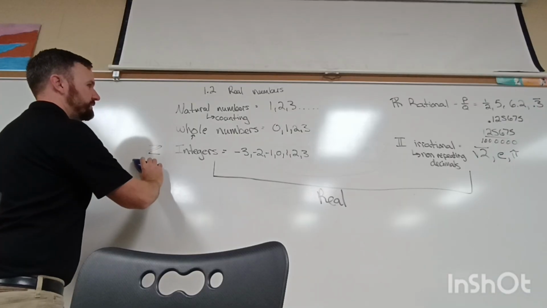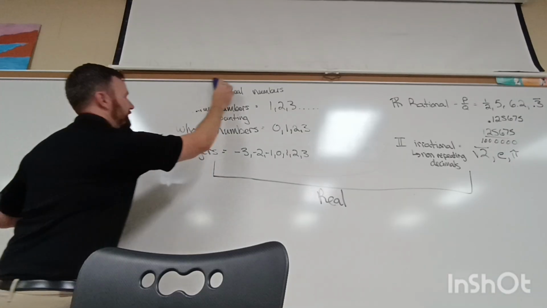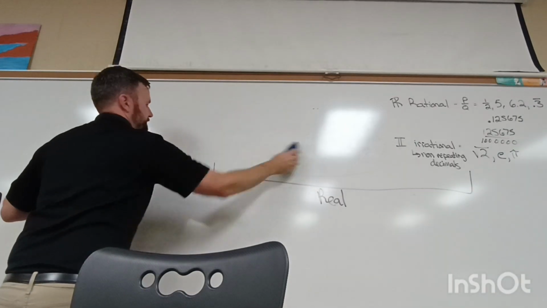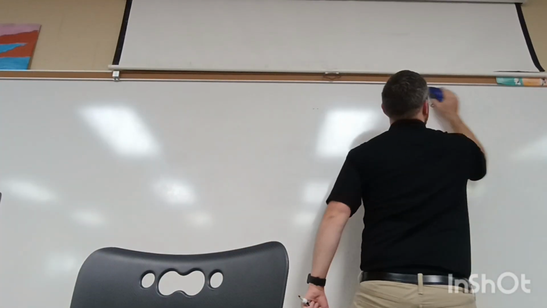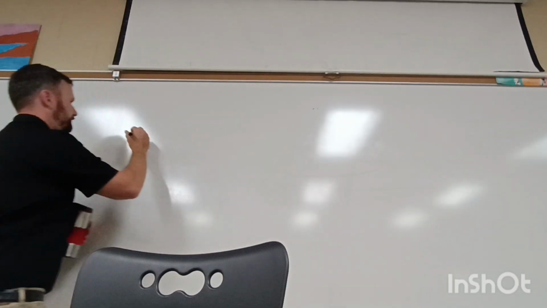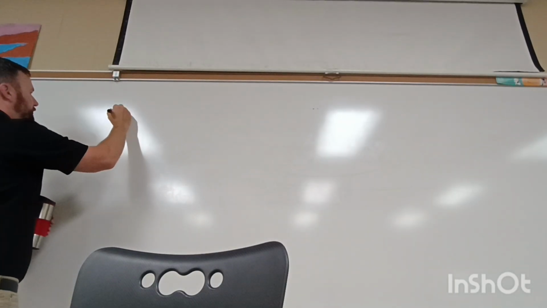Are we good? Can I erase this? All right. So you guys have the chart. Oh, that's what I need to show. So let's talk about something interesting about all real numbers.